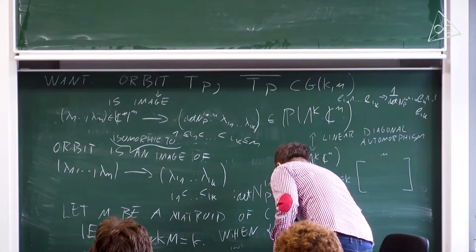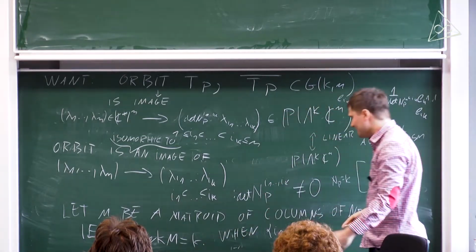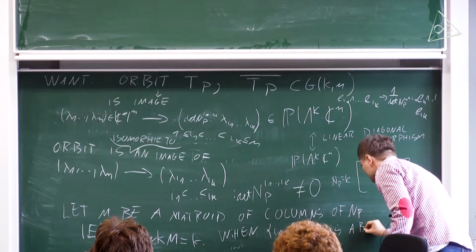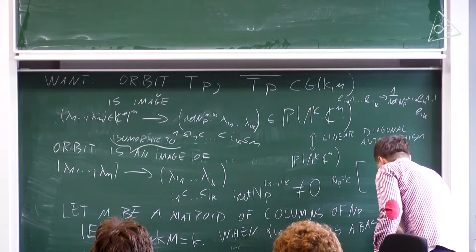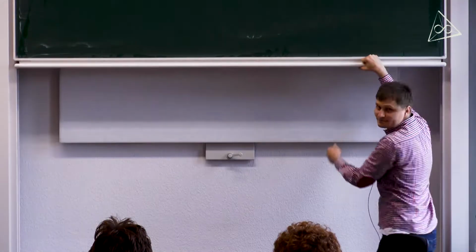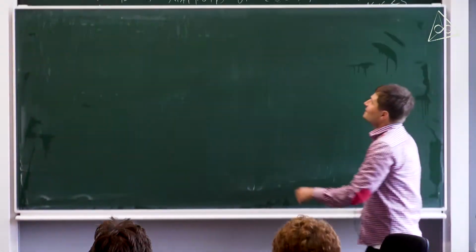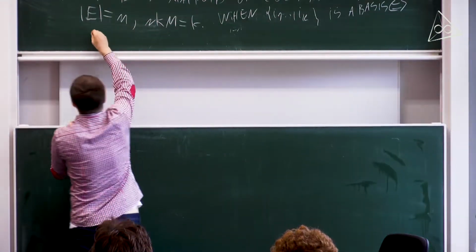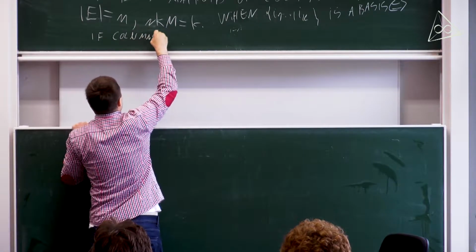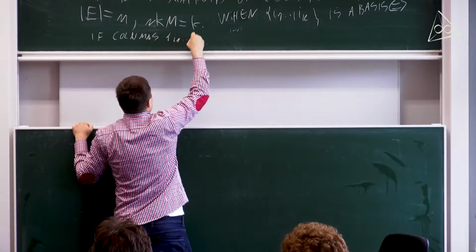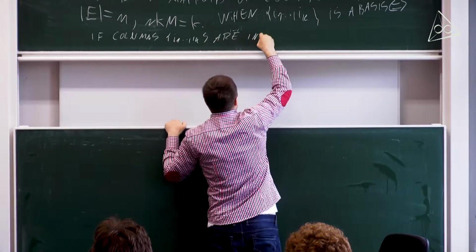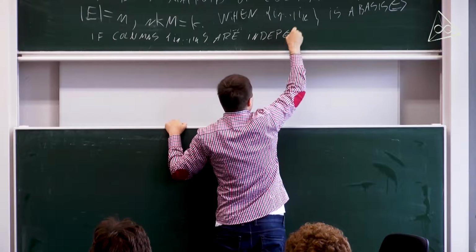I1 up to ik, so the rank is k, so it has to be a k-element subset, is a basis, if and only if what happens? Yes, if the columns I1, ..., ik are independent, and this is if and only if what?